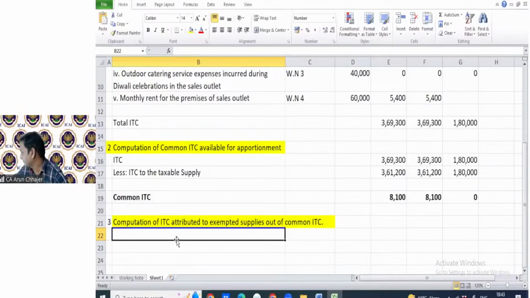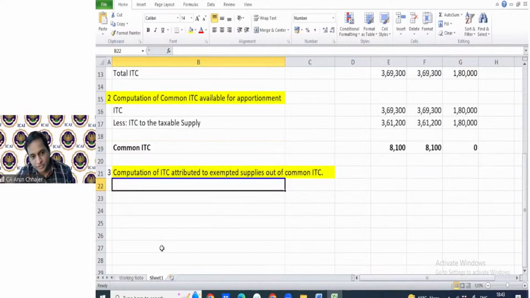Very nice. Thank you so much, Namrata, for giving the reply. Computation of ITC attributable to the exempt supplies out of the common ITC.